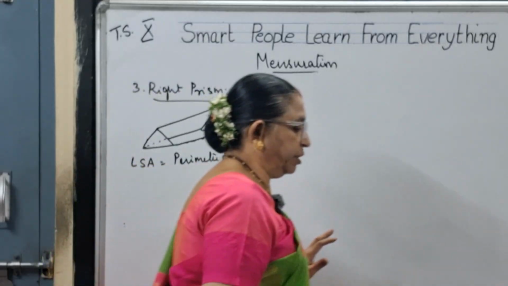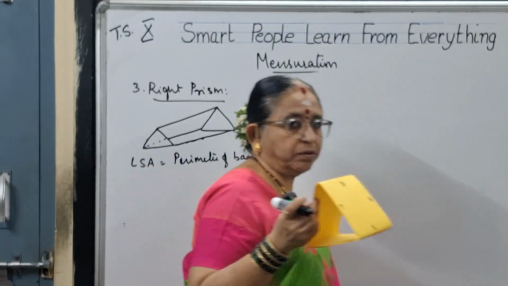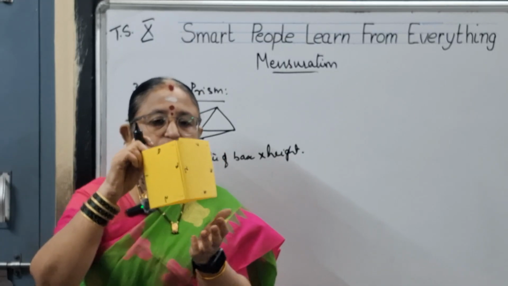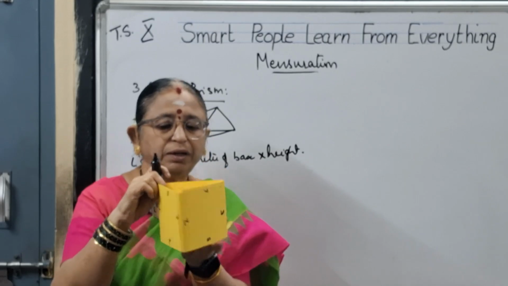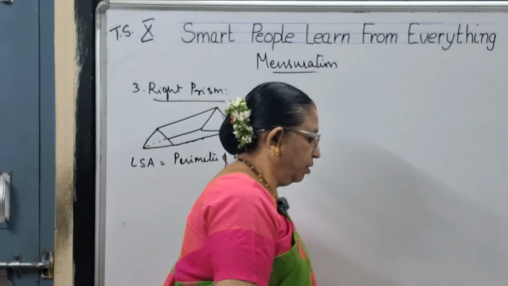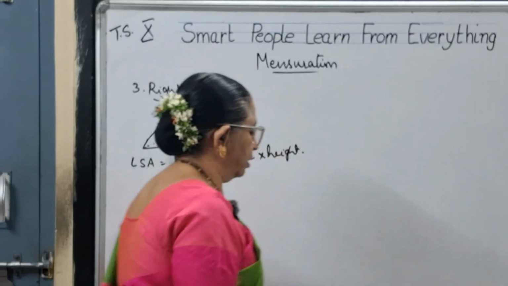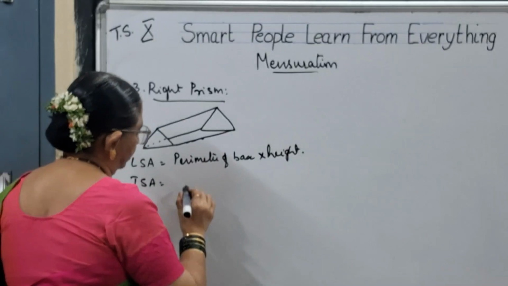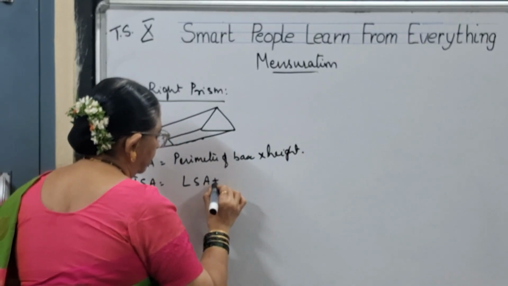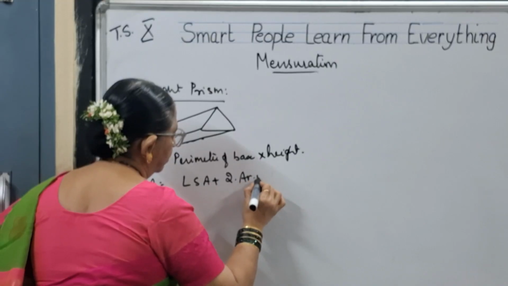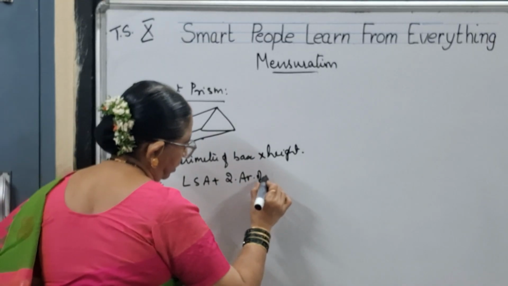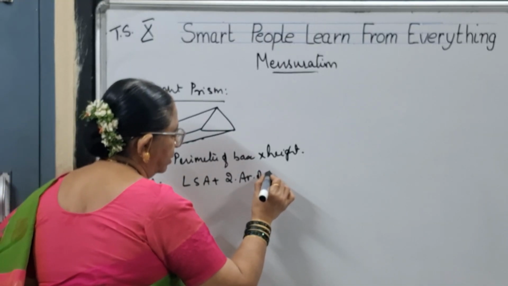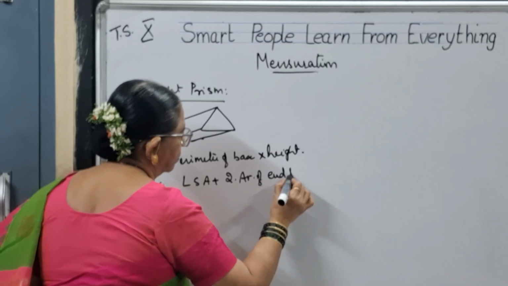So the perimeter of the base, how is the base? If it is a triangular base, the base is in the form of a triangle. So perimeter into height. That will give you the right prism, and this is the lateral surface area. Total surface area is considered as lateral surface area plus twice the area of the base. We can say twice the area of the base. We will be saying base or end surfaces.